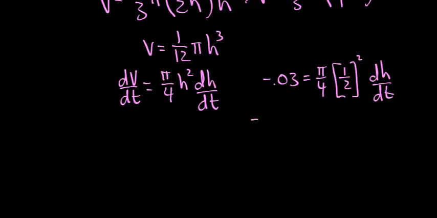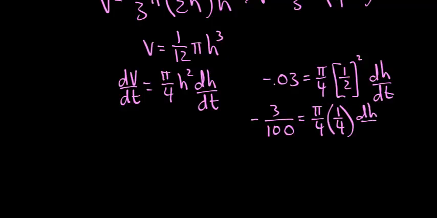Let me just call this negative 3 over 100. You know, I like fractions better. Equals pi over 4 times 1/4 dH/dt. And let's see what that's going to give us. That's going to give us negative 3 over 100 equals pi over 16 dH/dt.